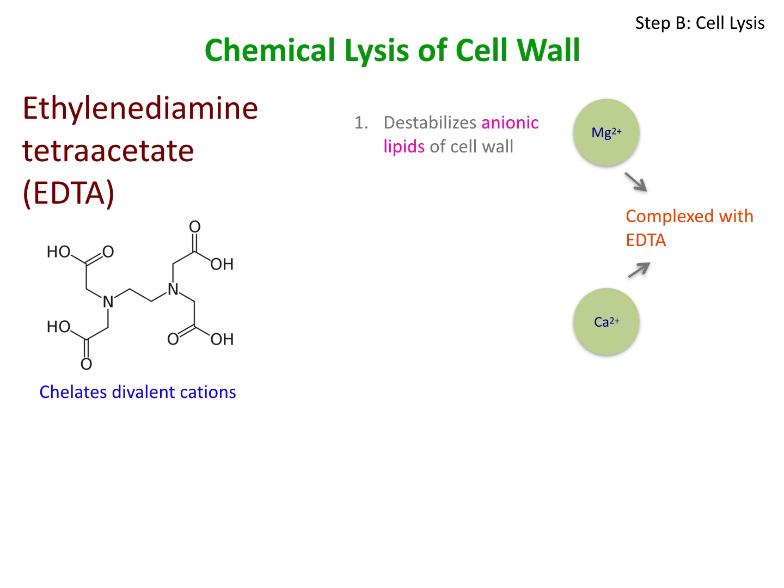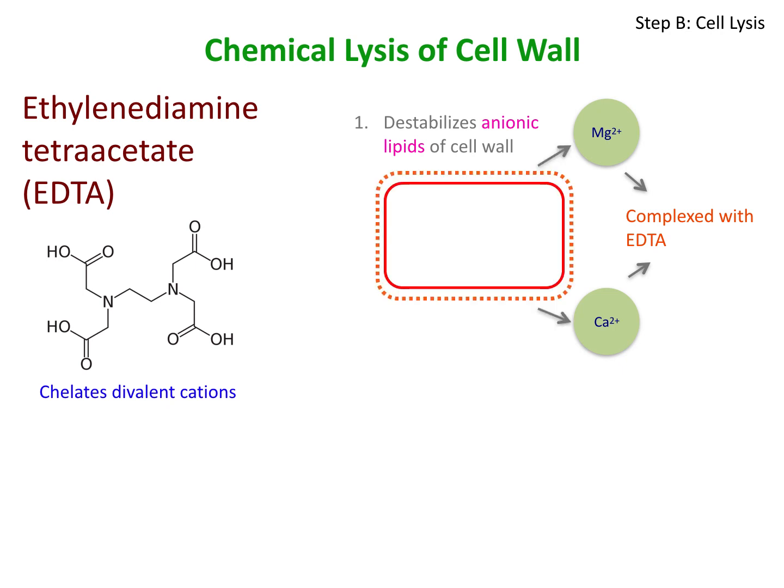Upon formation of the cation EDTA complex, holes are left in the cell wall at all those places where the cation was originally present. This destabilizes the structure of the cell wall so that the cell bursts open and all the cellular components are spilt out.